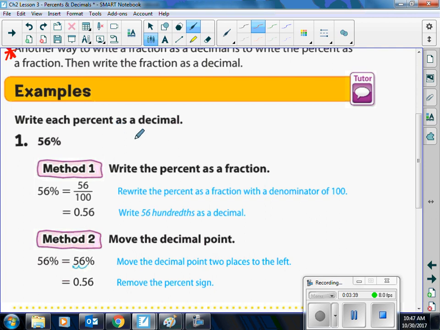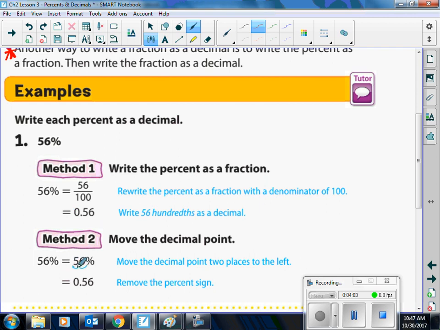So once again, if my percent is 56%, I first want to write it as a fraction. So 56% is written as 56 over 100. That's 56 hundredths, which gives us 0.56.